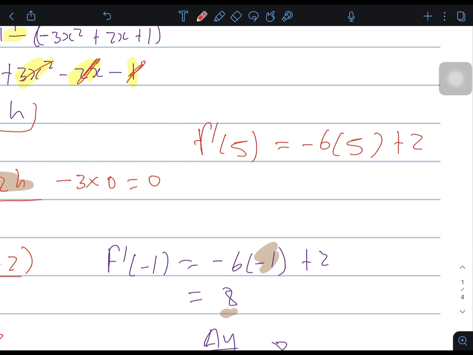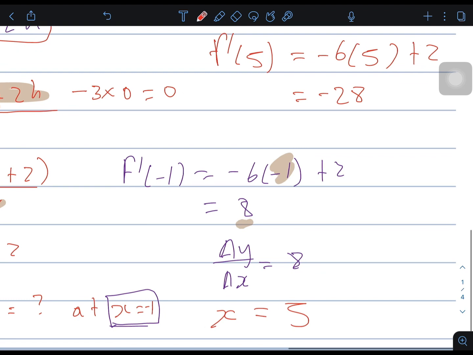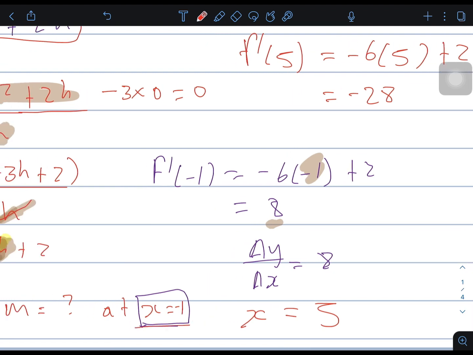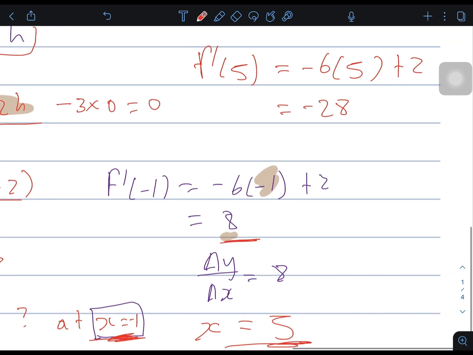Then when you calculate that, it should give us negative 28. You see the gradient at x equals -1 is 8, but at x equals 5 the gradient is negative 28.